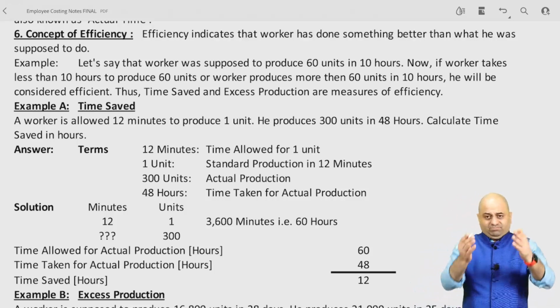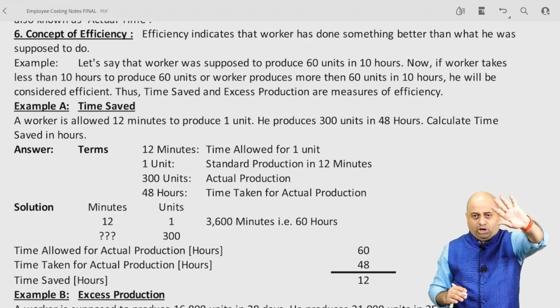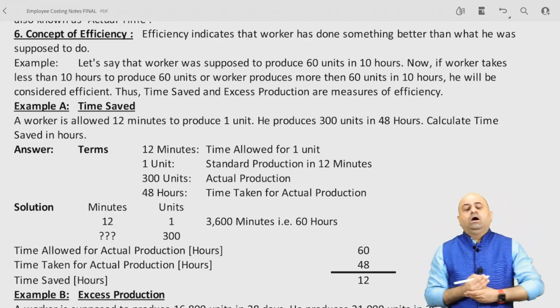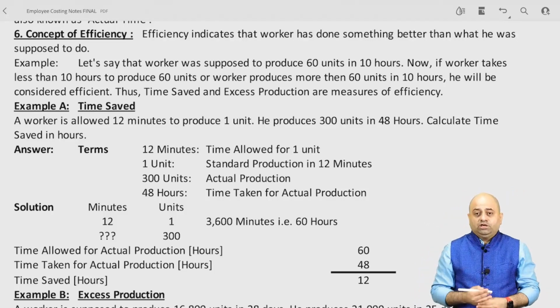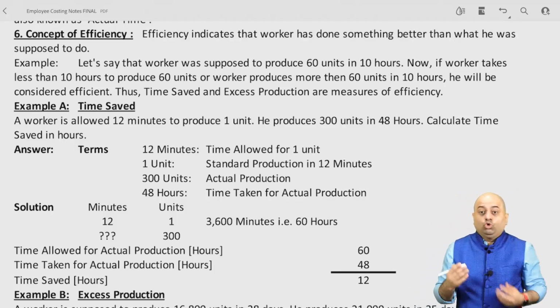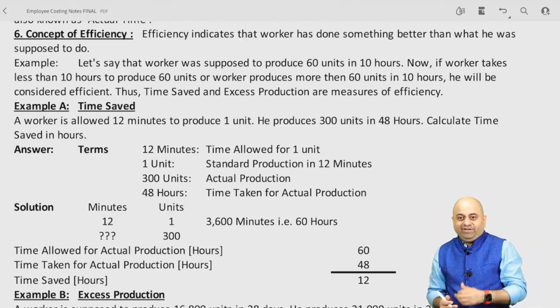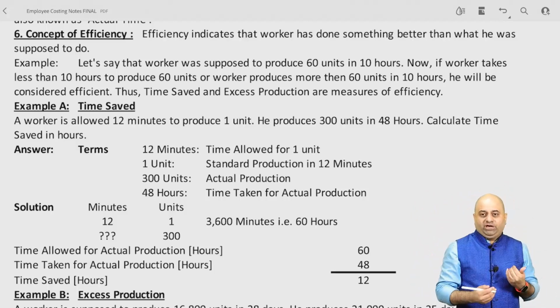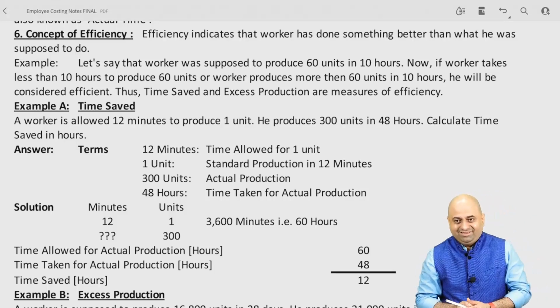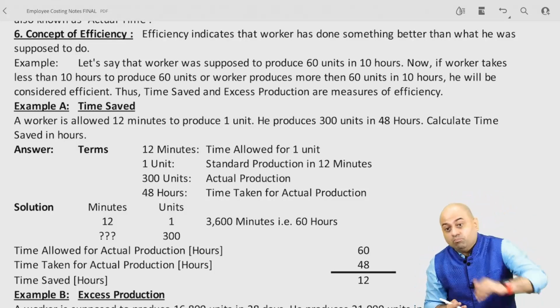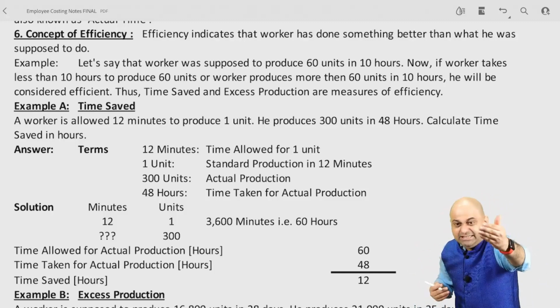Now, the example is printed. So you just listen to me. It's all printed over there. Let's say a worker is asked to produce 60 units in 10 hours. Now, if he takes less time for producing 60 units, he is efficient. If he produces more units in 10 hours, still he is efficient.